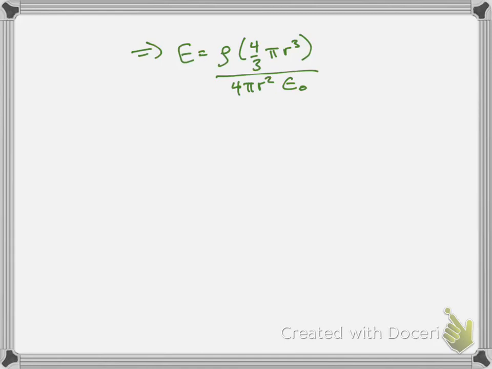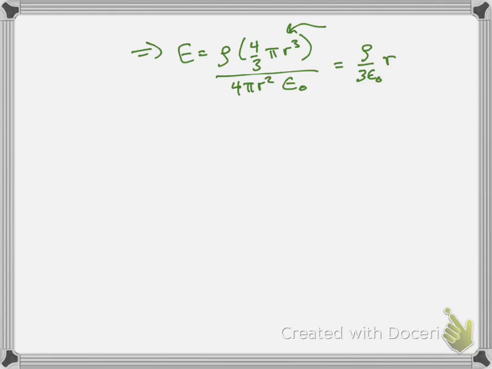Notice it's the same thing as when little r was bigger than big R, outside of the sphere, but on top, the top was a big R, now it's a little r. Because now we're inside, so the charge enclosed is enclosed by little r, not by big R. That's the only difference, but it ends up making a very different function.